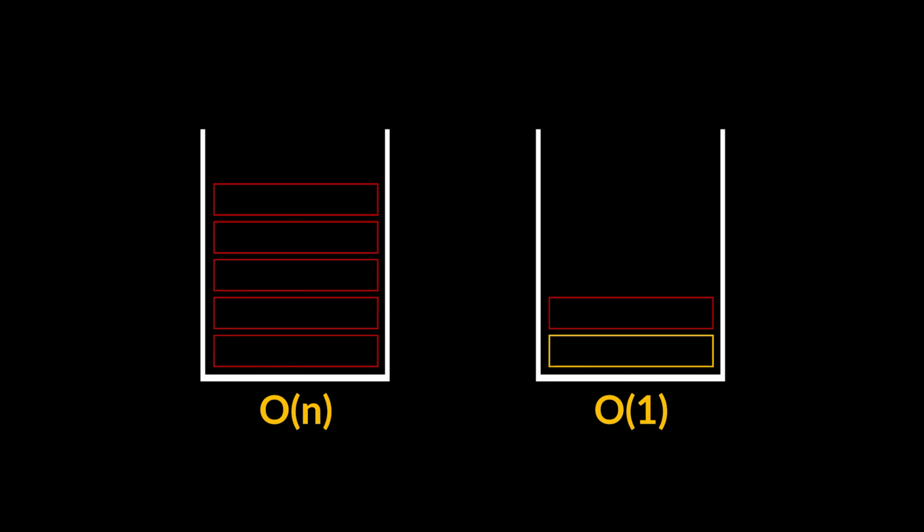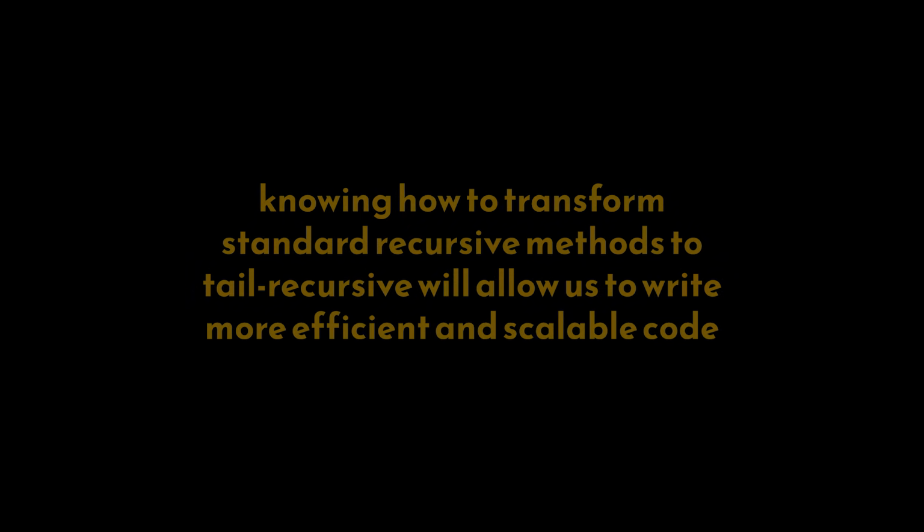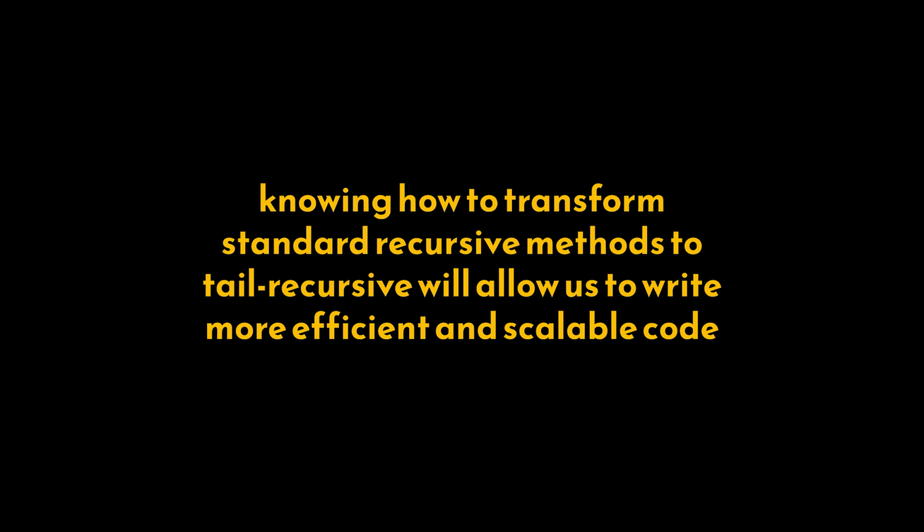Now, if we go ahead and compare the stacks corresponding to the recursive methods at their maximum depth, you will see that the space complexity of recursion was reduced from O(n) to O(1) thanks to tail call elimination. By understanding the differences between standard recursion and tail recursion and knowing how to transform one into the other, we can write more efficient and scalable recursive methods that handle large inputs more gracefully.